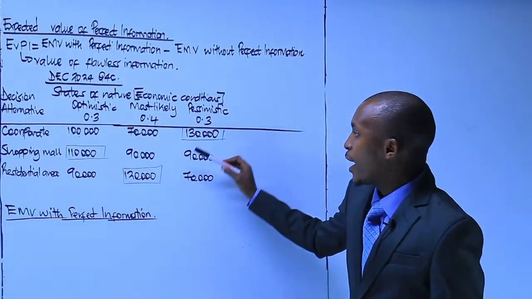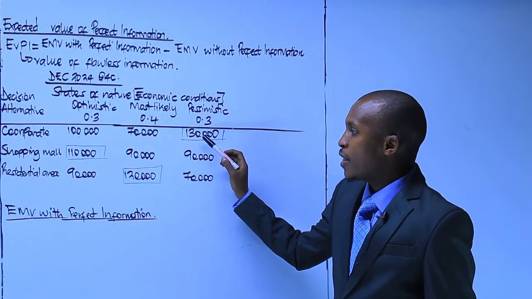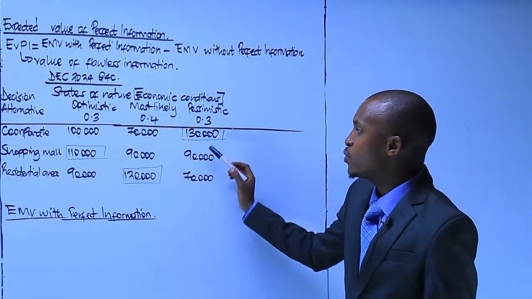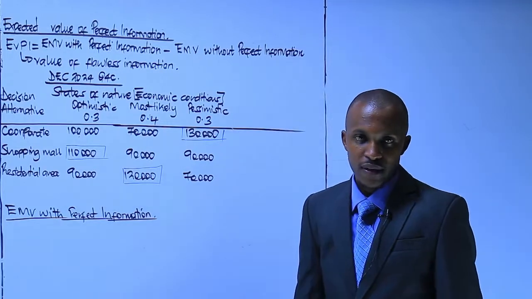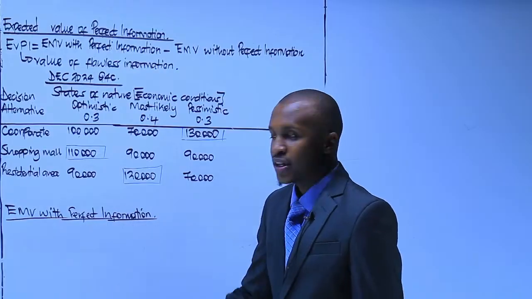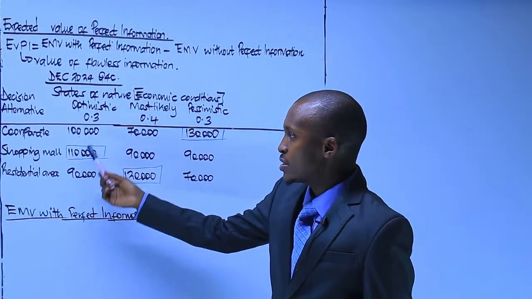Residential. In pessimistic, if you had enough information and knew that the corporate is the one with the highest payoff, you would have selected what? Corporate. And that is why we say this expected monetary value with perfect information is your maximum payoff of each state of nature.